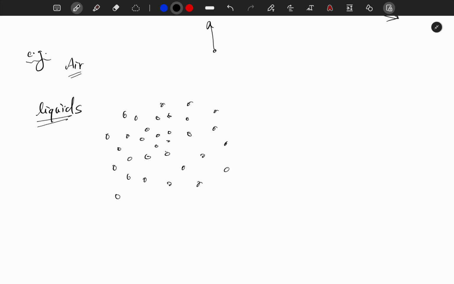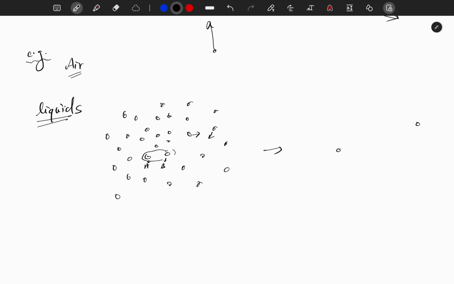So in liquids these molecules are also moving around. For example, if we consider these two molecules, this is a molecule A and this is a molecule B, so now they are very close to each other. But if we look at water, after some time they may be very far apart.